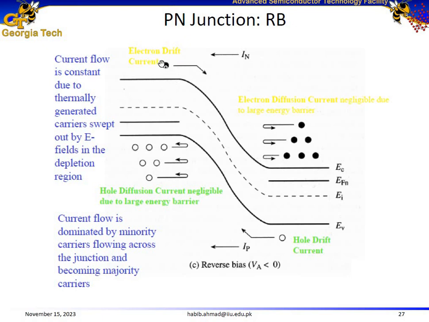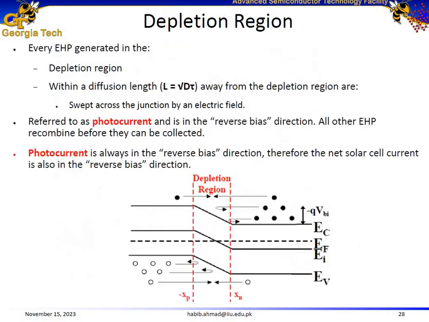Also, this hole flows towards the p-type layer due to the electric field, because we have negative voltage at the p-type layer, which attracts this hole from the n-type layer. Which means that even under reverse bias, a small current flows due to minority carriers, due to drift, resulting in a small reverse current.